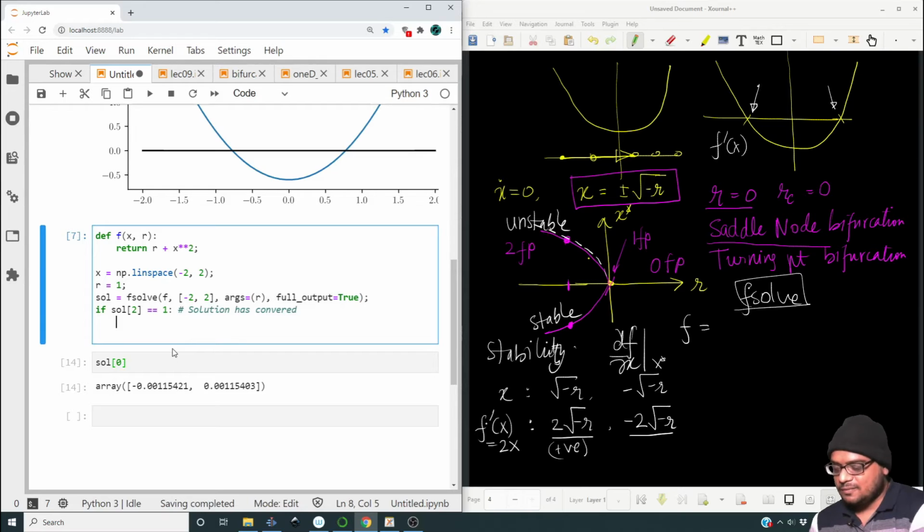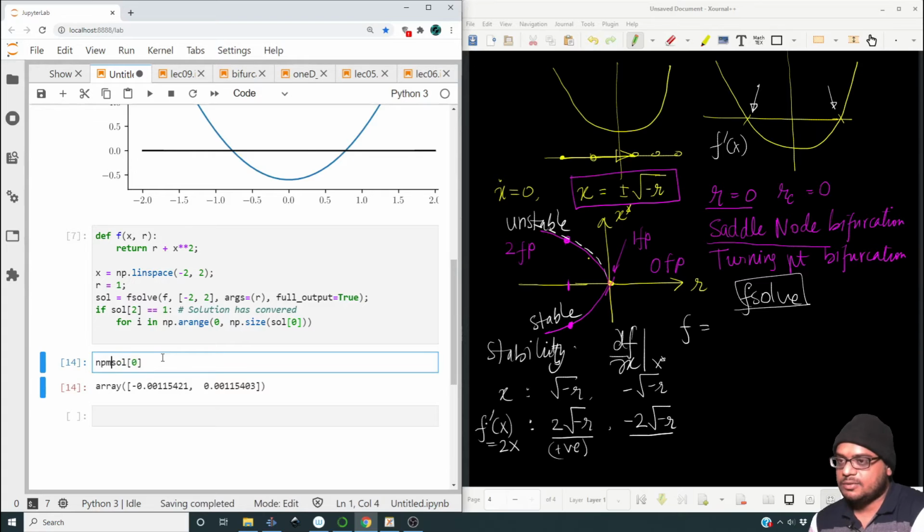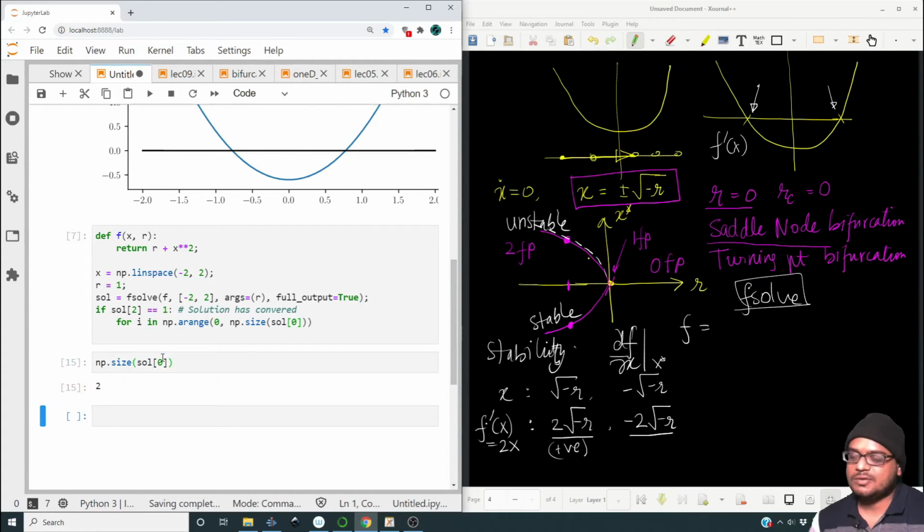So I will say for i in np.arange 0 to np.size of sol 0. Just to give you context, np.size of sol 0 is equal to 2. If I had 5 roots, np.size of sol 0 would have been 5.